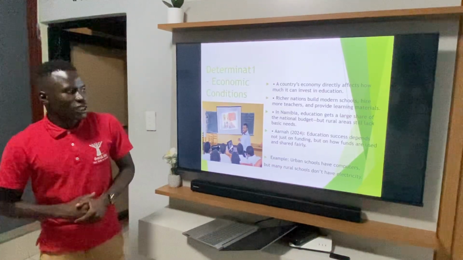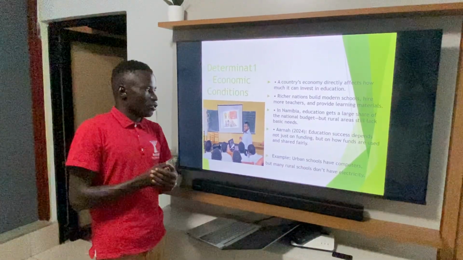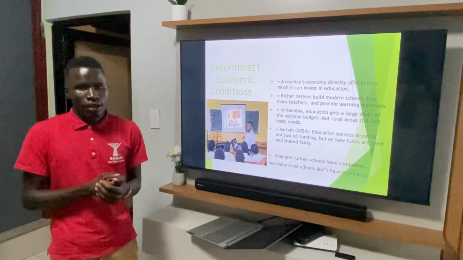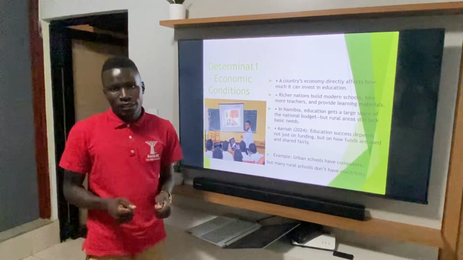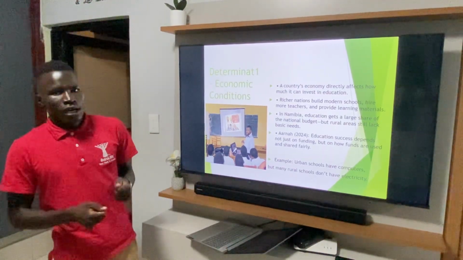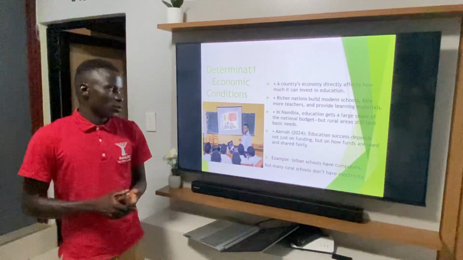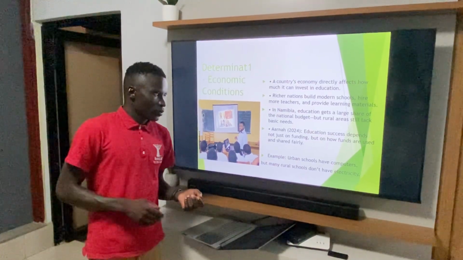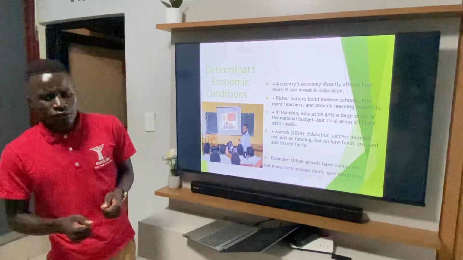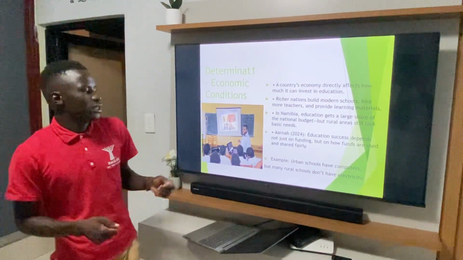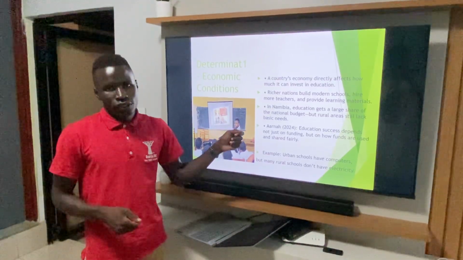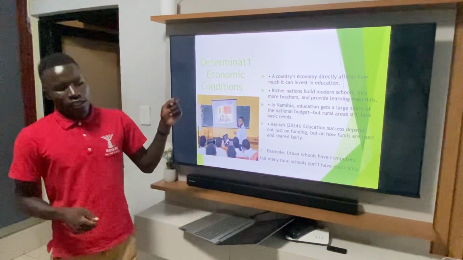In Namibia, education gets a large share of the national budget, but schools in rural areas benefit less from the money that is allocated to schools. So this affects good, proper education taking place in rural areas.